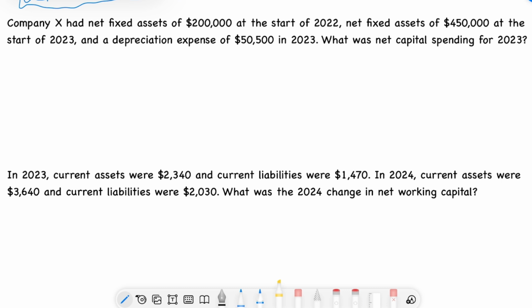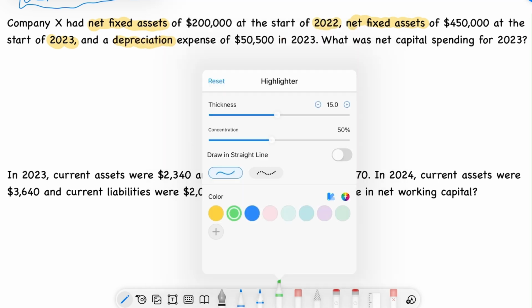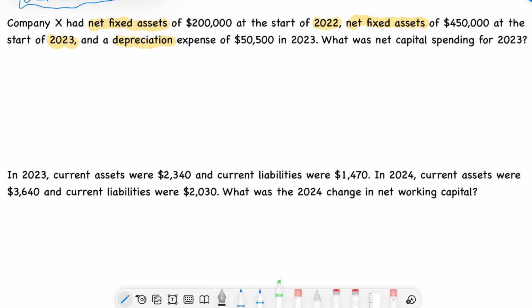So we're given net fixed assets in 2022, and we're given net fixed assets in 2023, a depreciation expense, and we want to find the net capital spending for 2023.